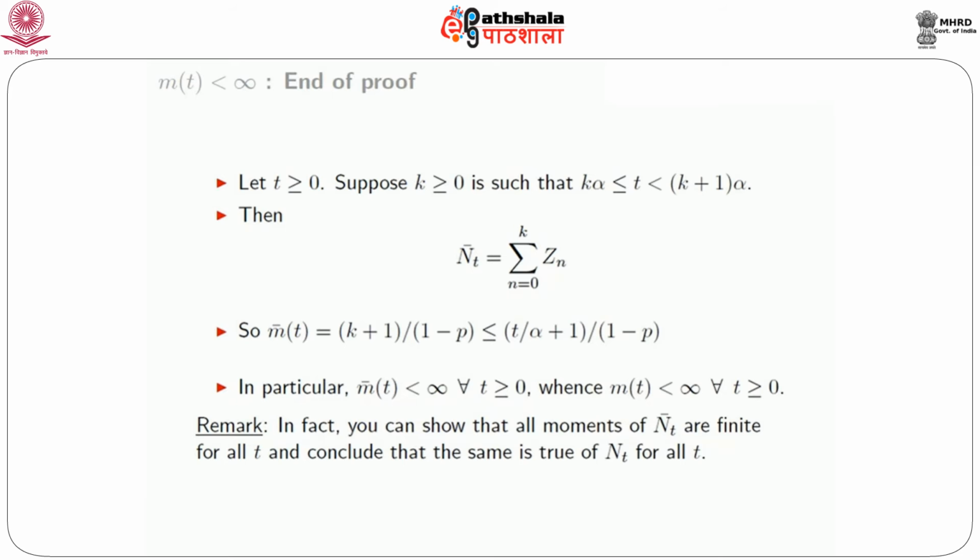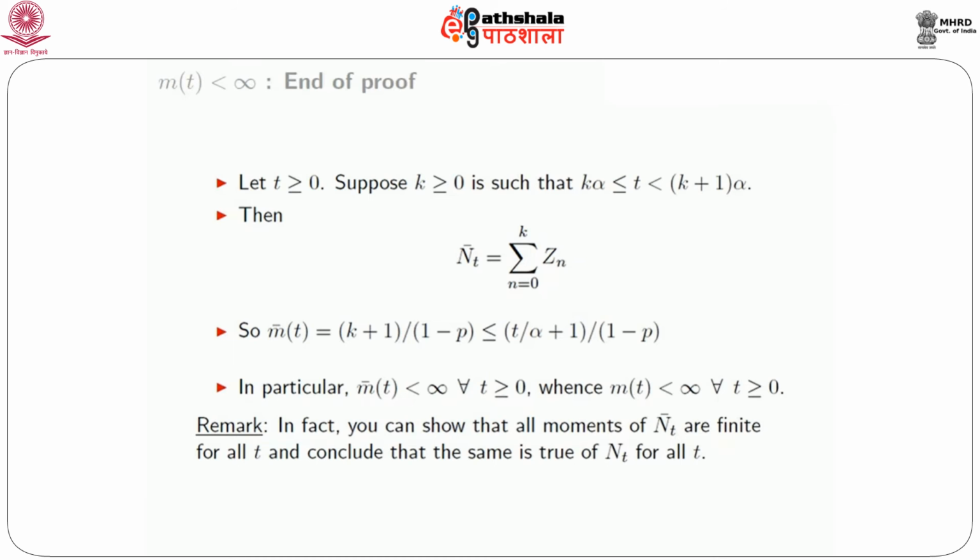And by definition of k, you can see that k is an integer part of t over alpha, so it is less than or equal to t over alpha. So k plus 1 is less than or equal to (t plus alpha) times 1 over 1 minus p. In particular, we have shown that M bar t is finite, from which it follows that Mt is also finite.